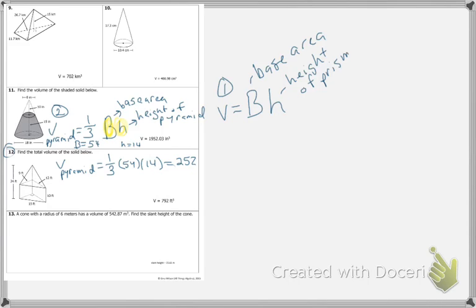Okay, so let's go to the bottom. We're looking at the triangular prism. Because we found this area right here, the big B for the pyramid, we know the big B already. So we know this is 54.